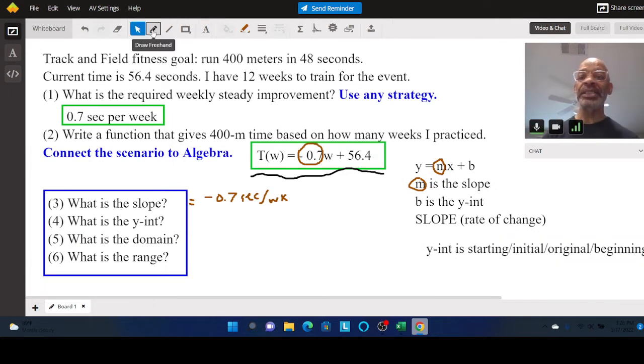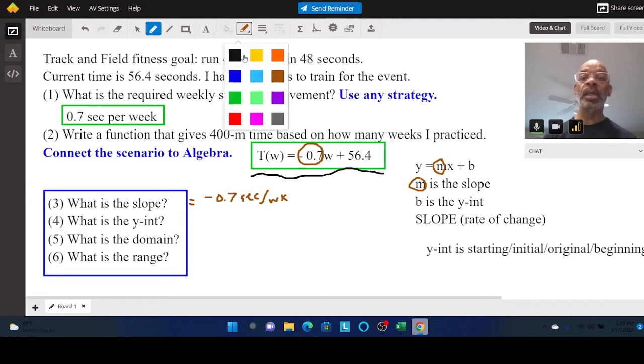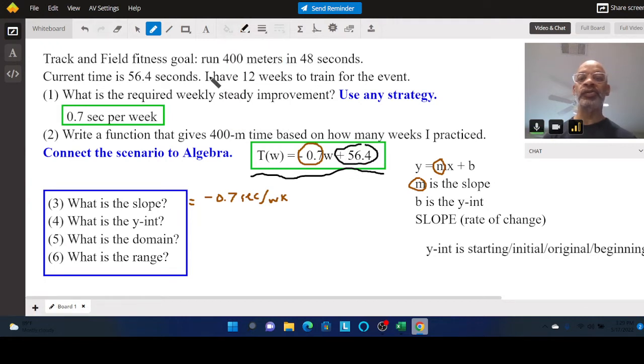How fast or how well did I perform at the beginning of my training? And that is 56.4 seconds. My current time in the beginning was 56.4 seconds. So the y-intercept equals 56.4. The units would be seconds. For the real life problem, you always have units.